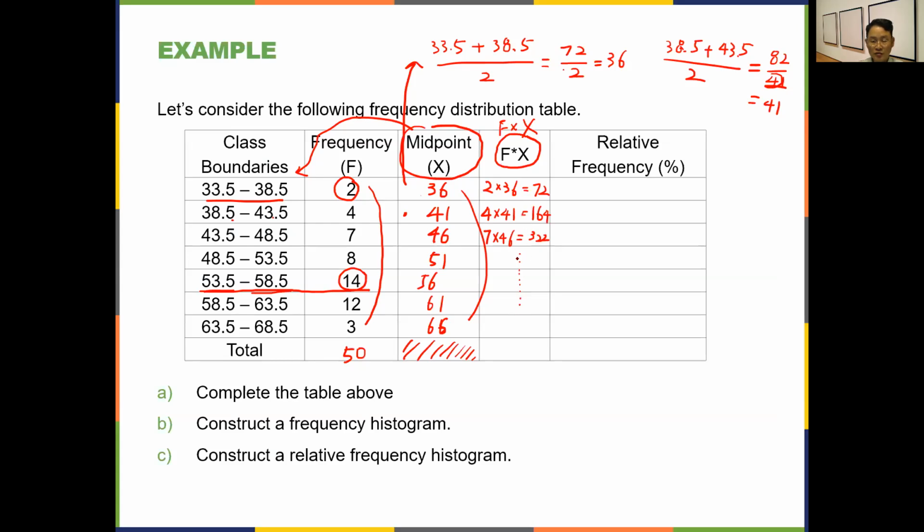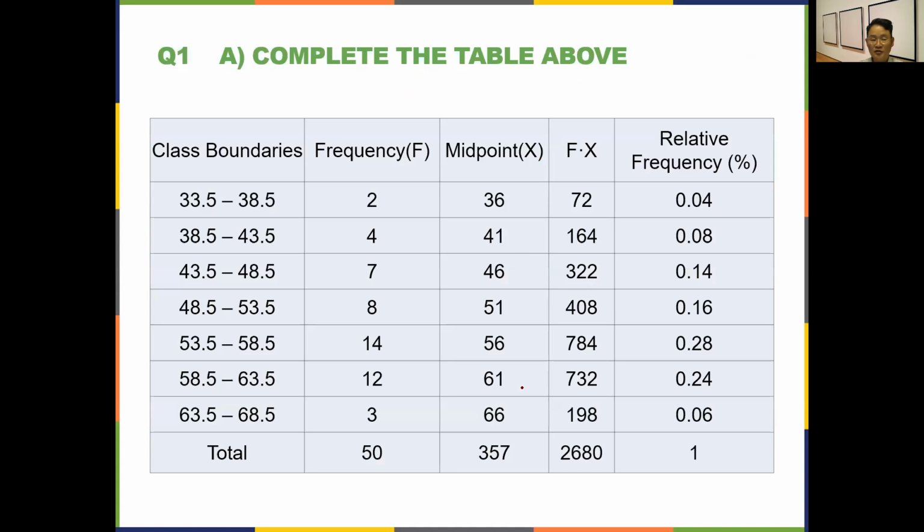The next one is going to be the actual answer. So we did all this. This was given. We got this by adding all this. We got all this midpoint, right? This one is optional.